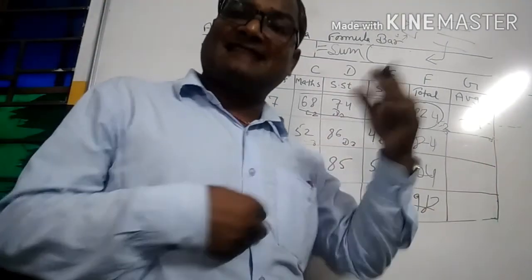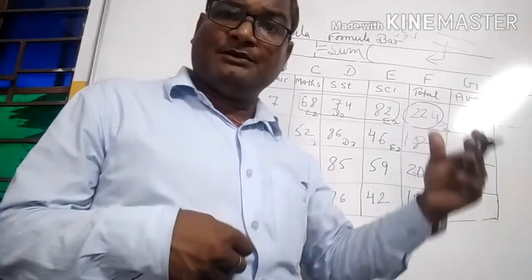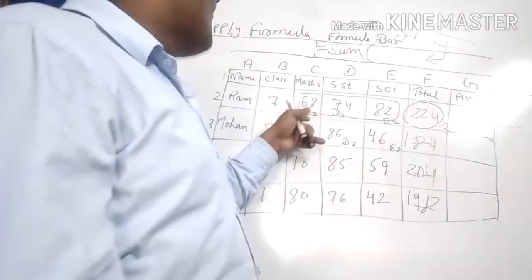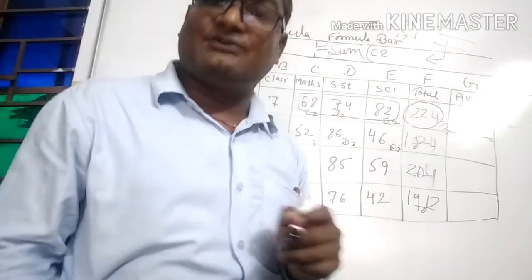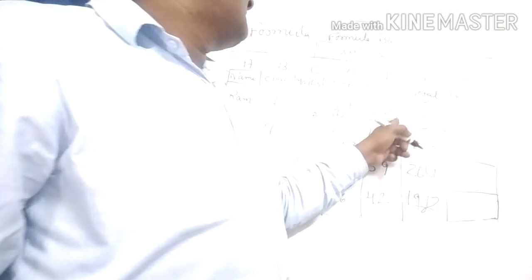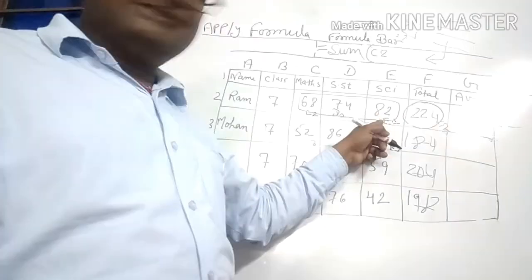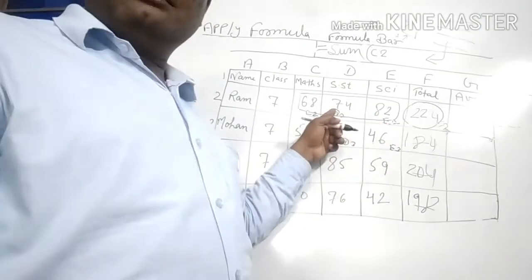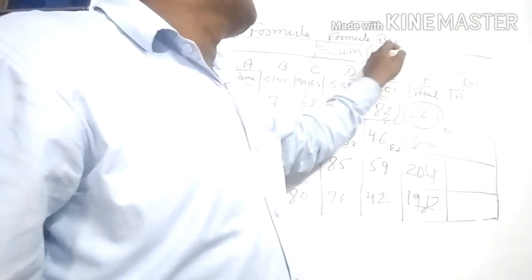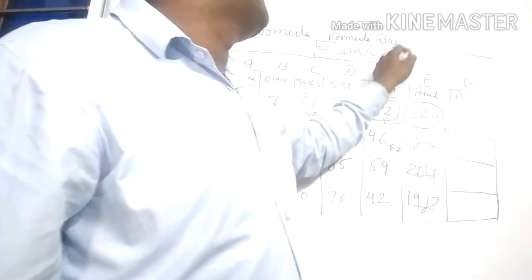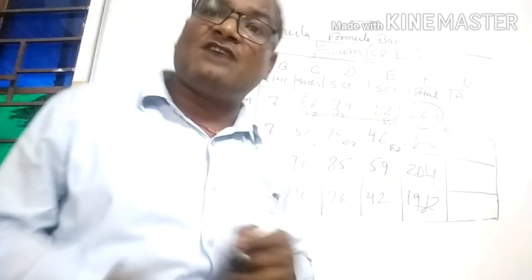And what is the initial cell? From which cell do you want to add? The initial cell is C2. Up to which cell do you want to add? E2. Just write C2 colon E2.